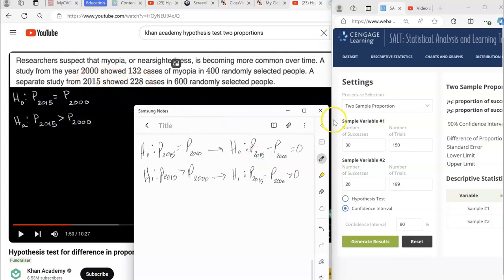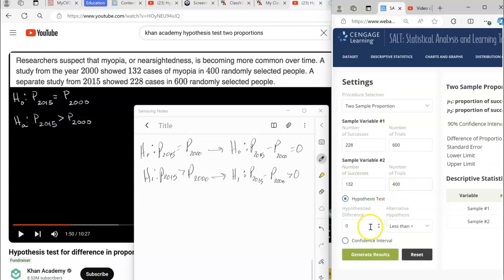In 2015, we had 228 cases out of 600. And then in 2000, which is going to be our second variable, we're going to have 132 out of 400. And we are doing a hypothesis test, and we are looking at greater than 0.